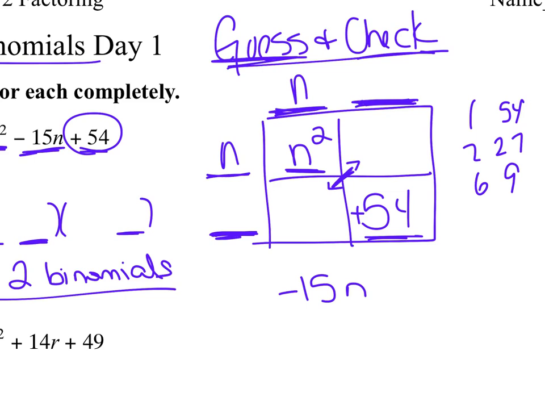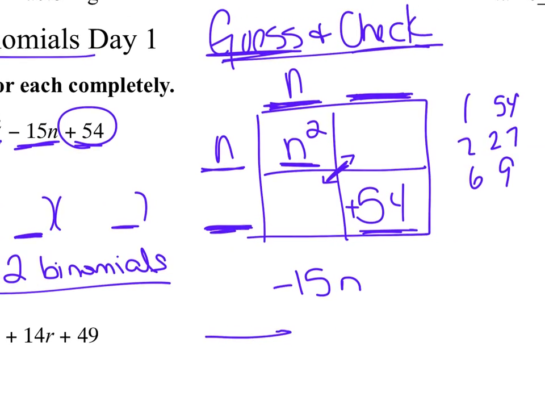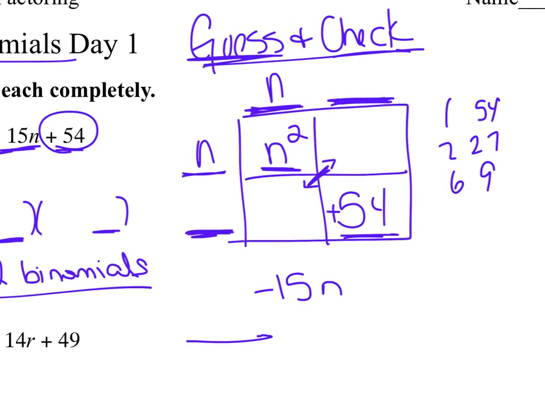We'll go over a way to get the factors in class so you don't have to go through it like I did. Okay, so we have two numbers. We need them to add up to negative 15. Since we have 1 and 54, 2 and 27, you could also have all negatives. So I'm going to pick one of these and put it here, and one of these and put it here, and say, okay, negative 6 times negative 9 is a positive 54.